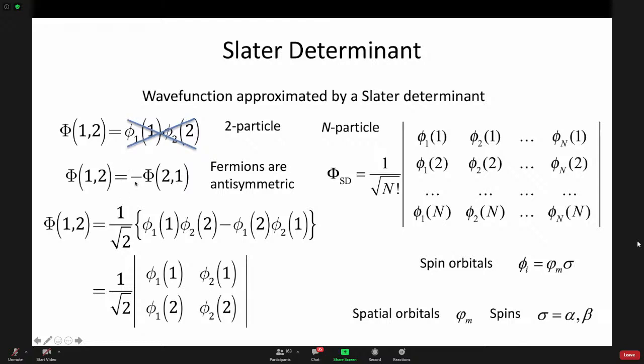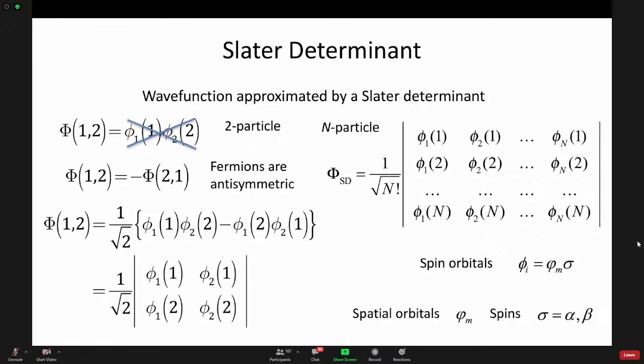So in order to describe that, we use a Slater determinant, as shown like this. So for n particles, it'll be a Slater determinant like this. Okay, so this is how we show the wave function.